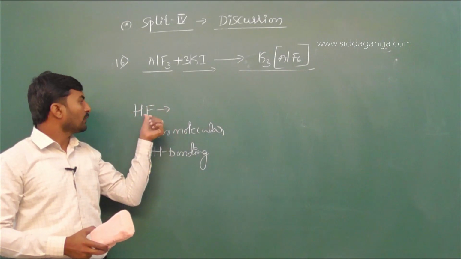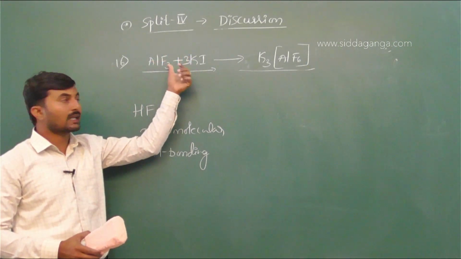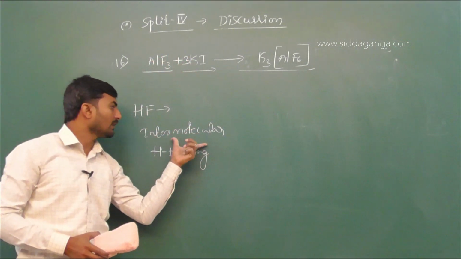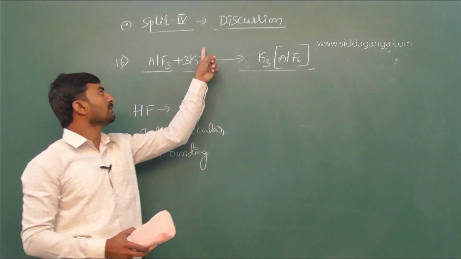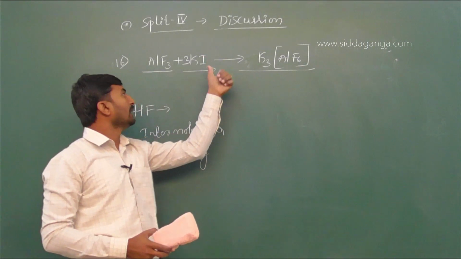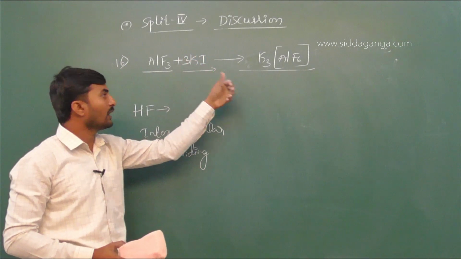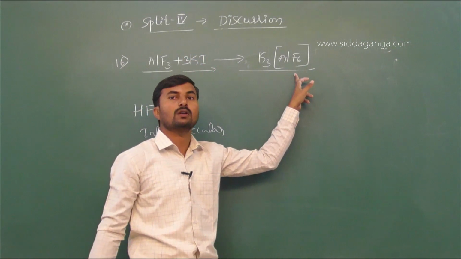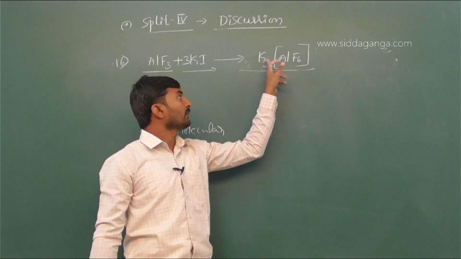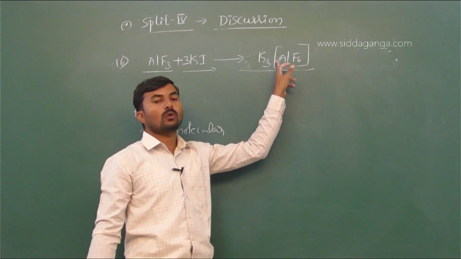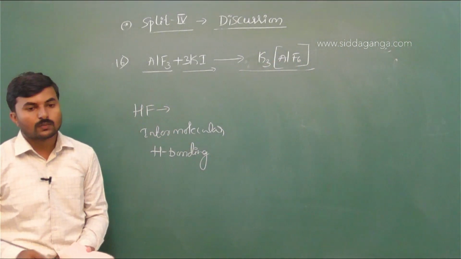Because in hydrogen fluoride, the fluorines are less available for solubility with respect to AlF3 because of extensive intermolecular hydrogen bonding, and that is compensated by this potassium fluoride. AlF3 combines with it, which results in the formation of one coordination compound, that is the complex potassium hexafluoroaluminate.